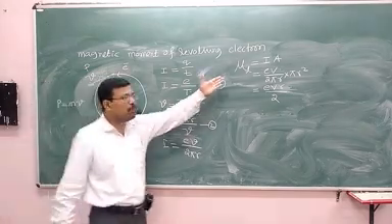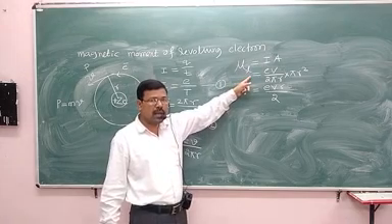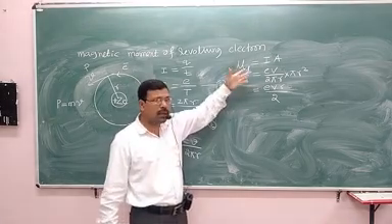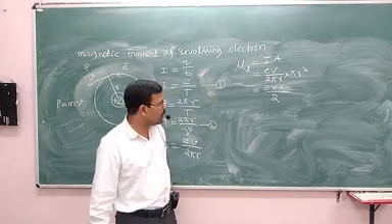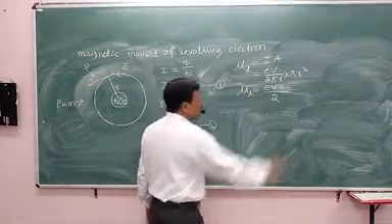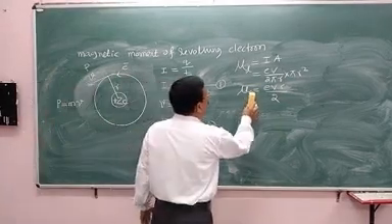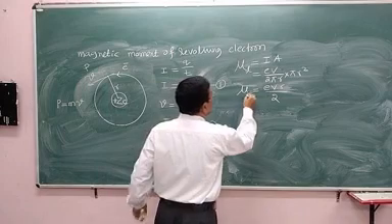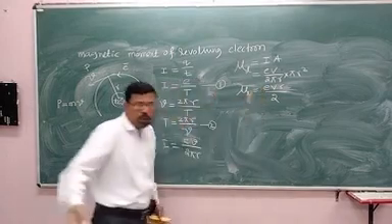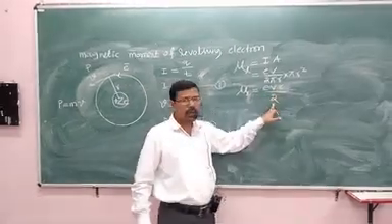That is mu L. Mu is magnetic moment and L is angular momentum, orbital magnetic moment. Mu L is equal to, or simply we can write mu also, mu L is equal to e v r by 2.